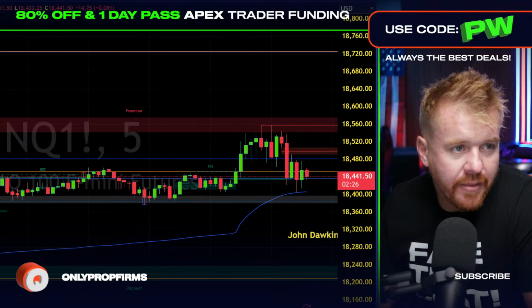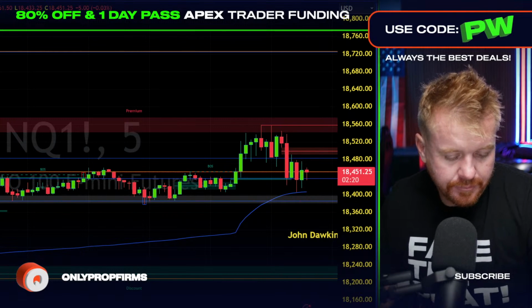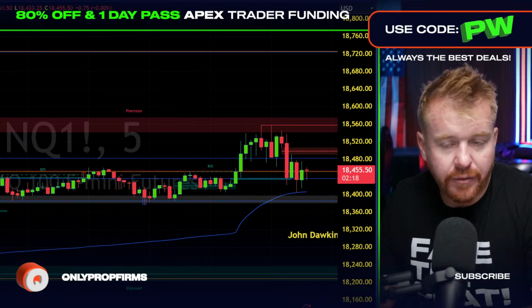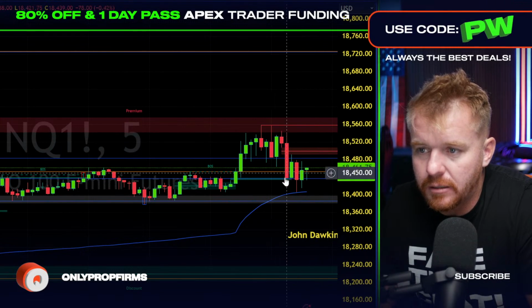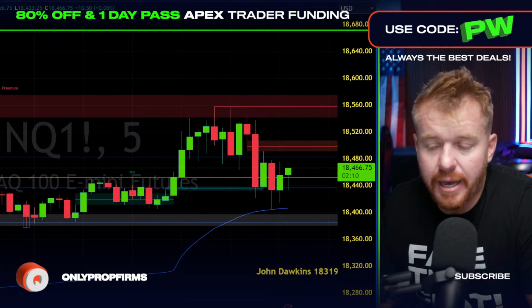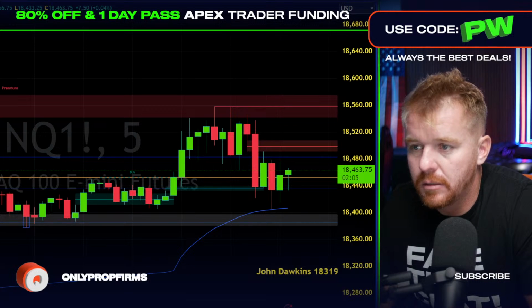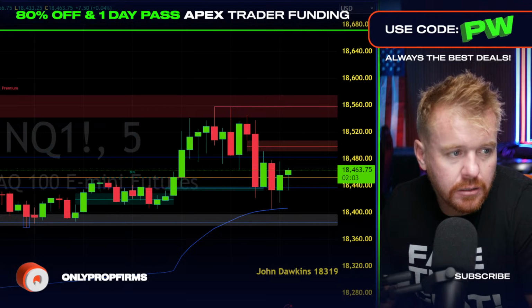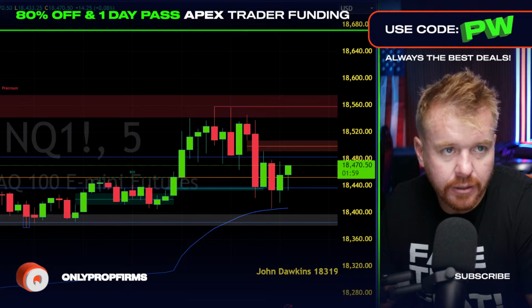Five-minute chart still hanging on there for right now. I don't know about the shorts right here. If we get back above that 480 area, see if this market starts to rip back up. The ES, the Dow, everything's holding right at support right now. So back above that 480 should be a move back up here.